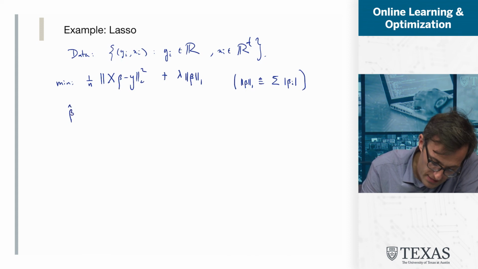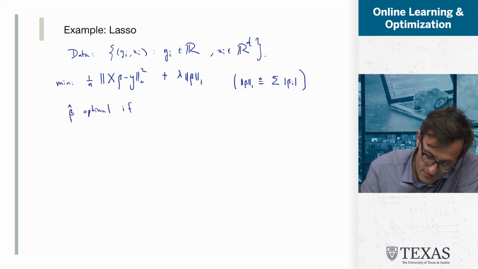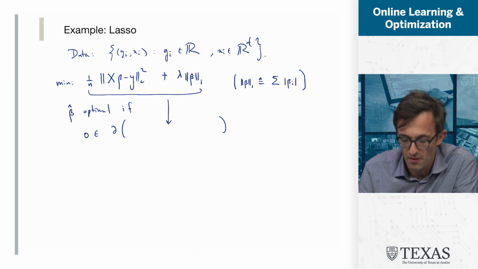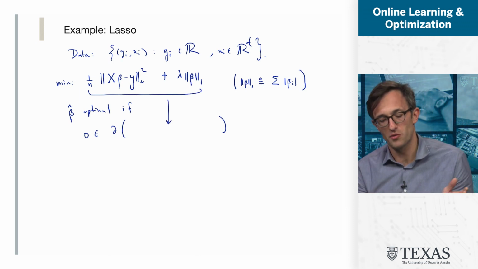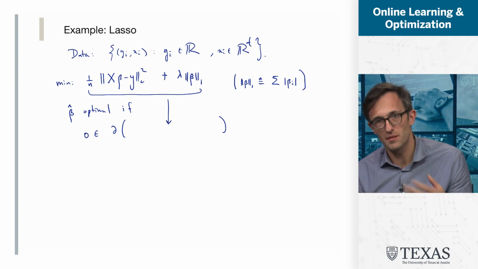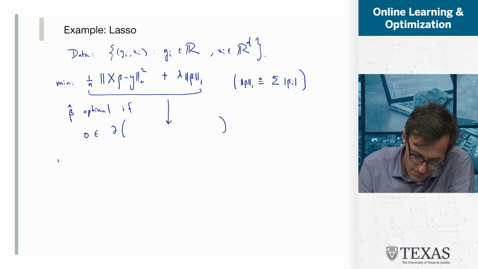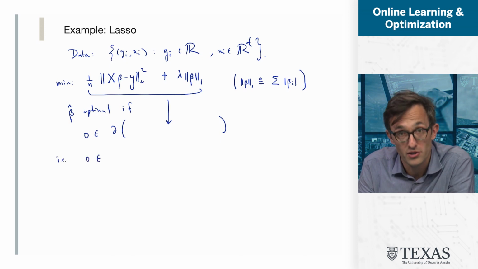So beta hat is optimal if 0 is an element of the subdifferential of this whole thing. Remember that the derivative of a sum is a sum of the derivatives, and the subdifferential is exactly the same. This first part is smooth, so I can just take the derivative of this.